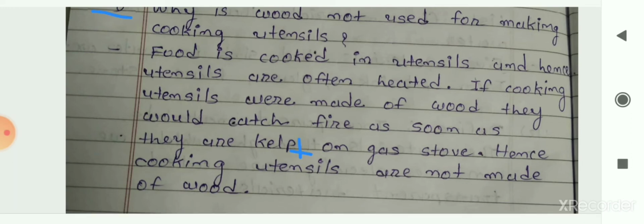If we are heating a utensil made up of wood at high temperature on the gas stove, there is a high chance of the utensil catching fire, and hence cooking utensils are not made up of wood. So this is the reason why cooking utensils are not made up of wood.